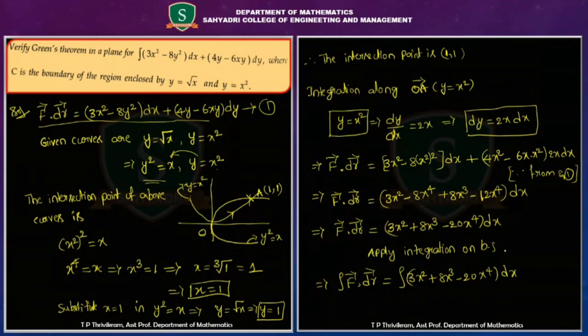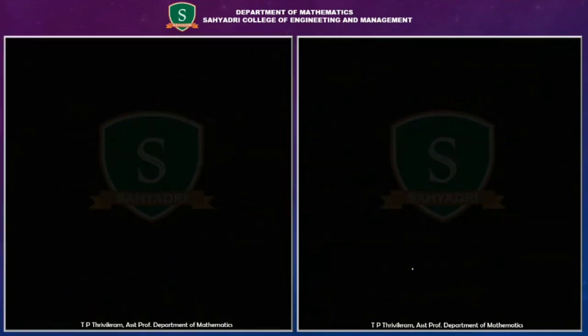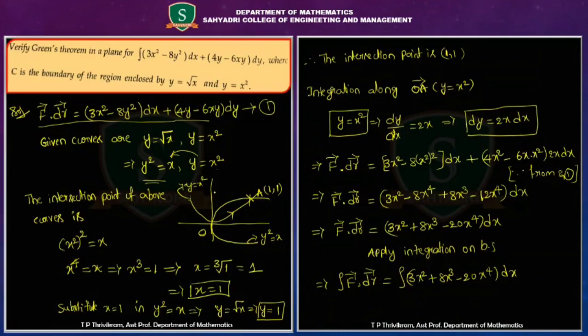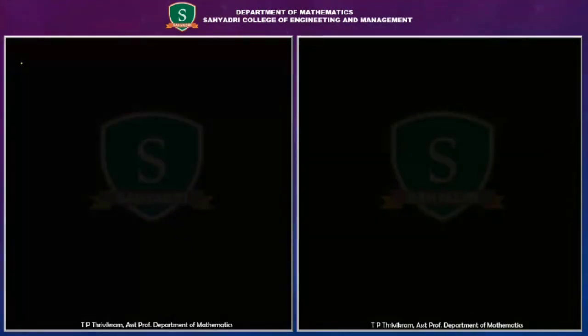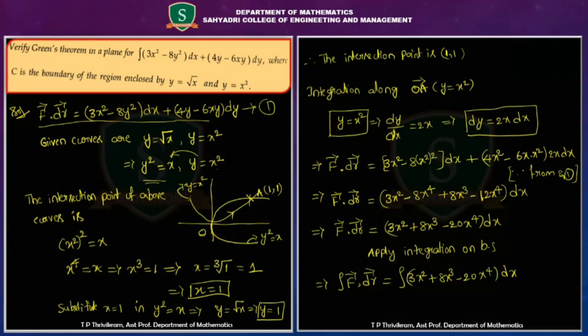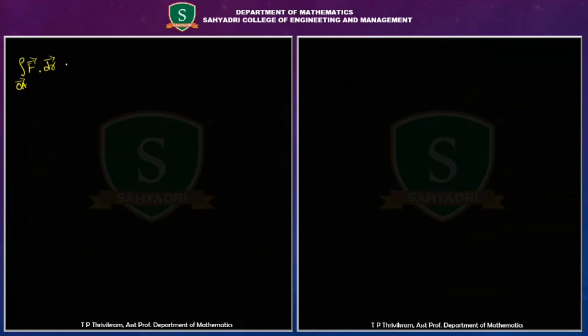So we will integrate it. Integral of F dot dr along OA: what will be the limits for x? Through the origin, 0, 0, so 0 to 1.